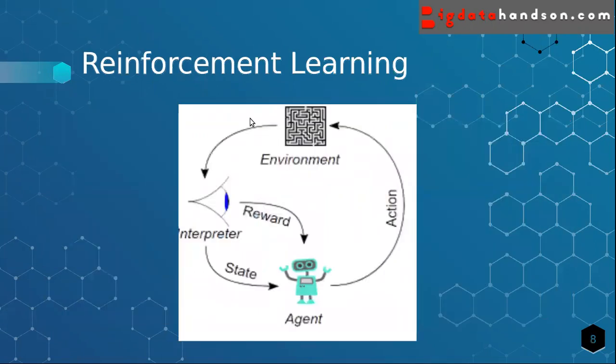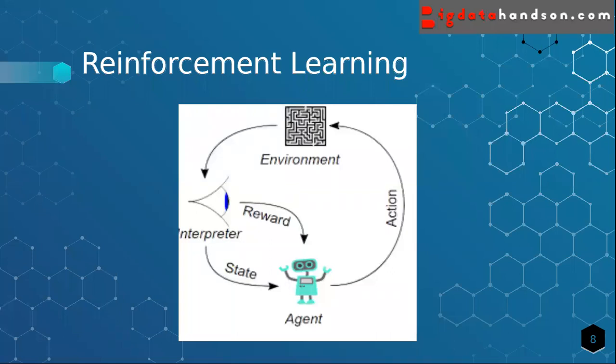And then reinforcement learning. In reinforcement learning, we have an agent, and we have the environment also. The agent takes an action on the environment. That action will give it a reward, or it can give a punishment.